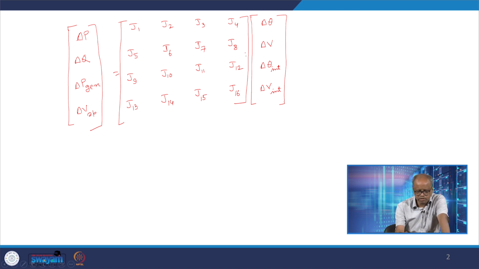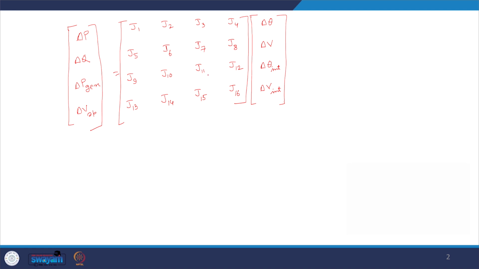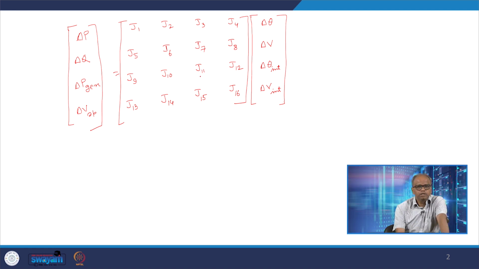Of course, all these J1, J2, J3 up to J16, these are nothing but the Jacobian submatrices. So far we have looked into detail the derivation of the elements of the matrices J1 to J8. So, now today we will start looking into the matrices J9, J10, J11 and J12.